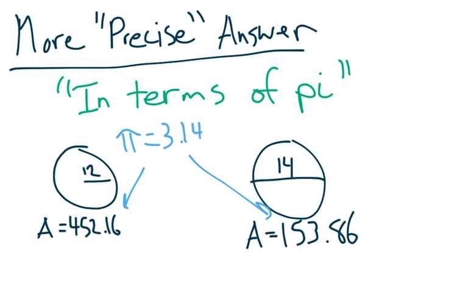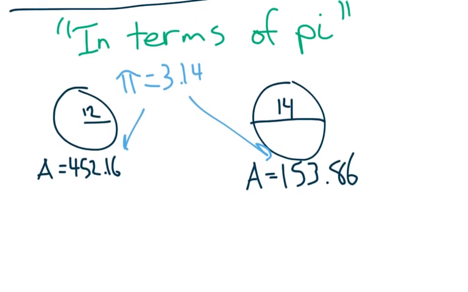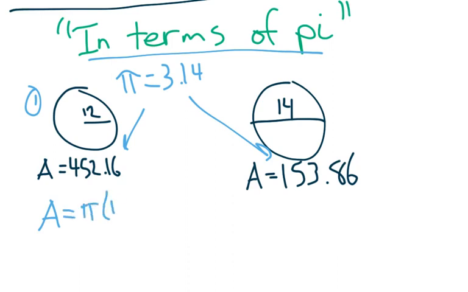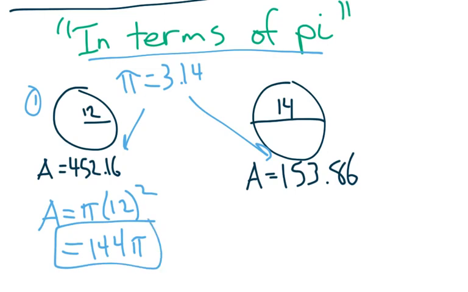And so if we want a more precise answer, we actually are going to use something that almost looks like a variable expression. This is either really easy or really hard, depending on how you want to interpret it. So another way we could go about this first one, and leave it in terms of pi, is we say that area is equal to pi r squared, so 12 squared, and we leave the answer as 144 pi. That's it.